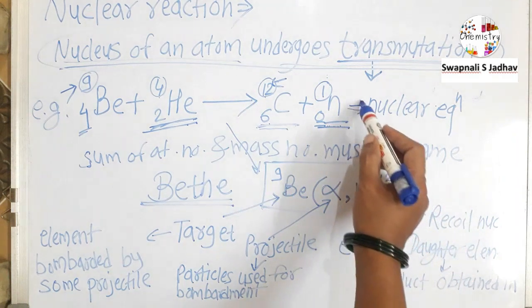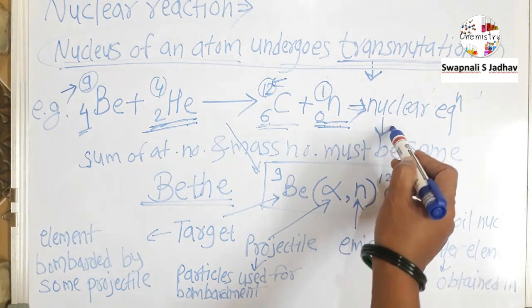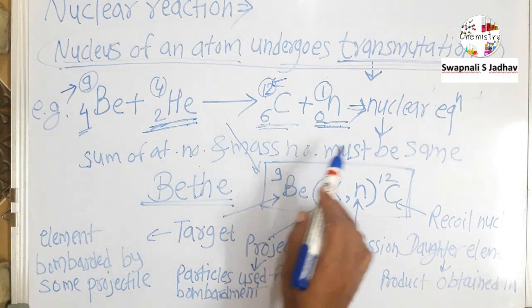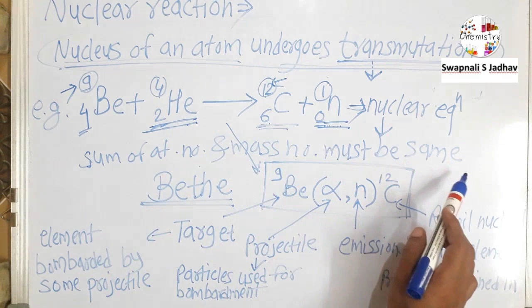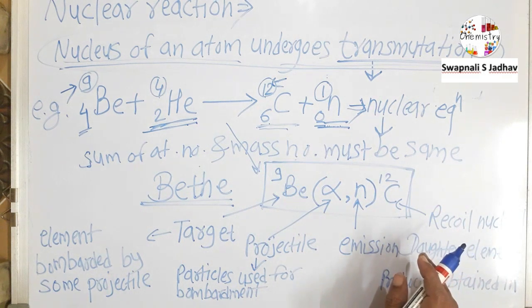This is known as a nuclear equation. In a nuclear equation, the sum of atomic number and mass number must be the same on both sides.